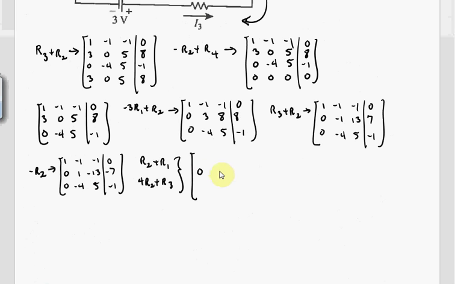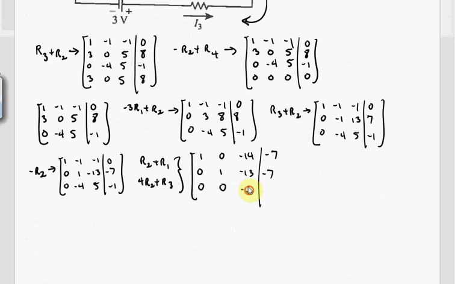Row 2 stays the same. So we just simply add row 2 to row 1. So we got negative 52 and 5.